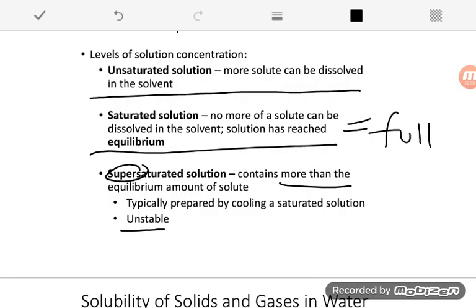So that's why with super sweet tea, for instance, if you leave it in the fridge for a few days, you'll actually notice that it starts to get some sugar sitting on the bottom again. If you're making really sweet southern tea, at least. So we should be familiar with these terms: unsaturated, saturated, and supersaturated. It's pretty easy. Un means not enough, saturated is full, super means too much.